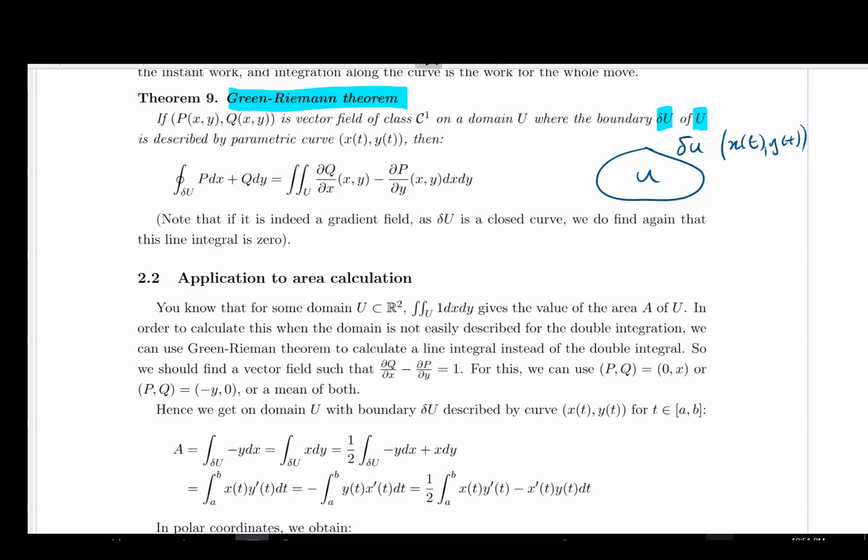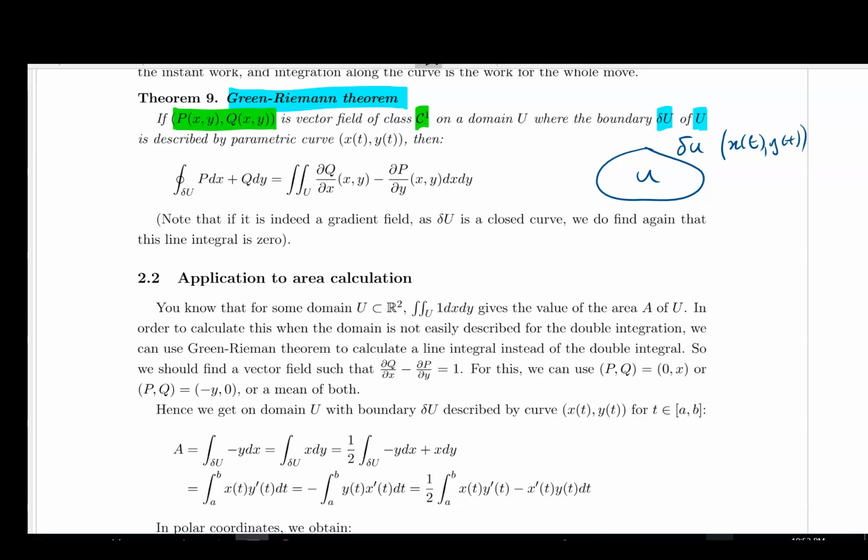Another hypothesis is that you're given some vector field P and Q, and it's of class C1. What does that mean? It means that P and Q are continuous and both their partial derivatives are also continuous. Okay, so everywhere on this domain and on the boundary.